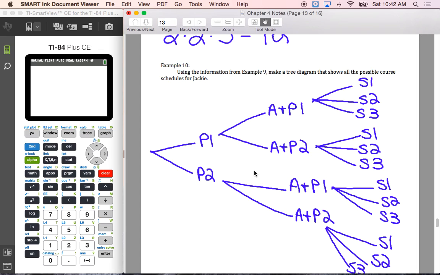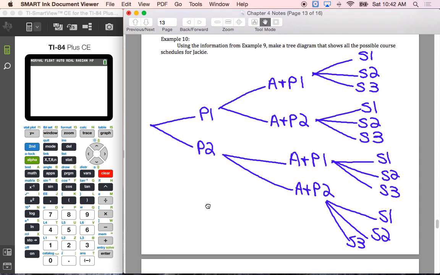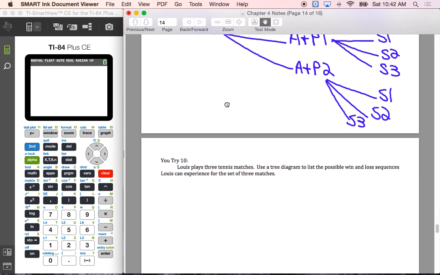So now if you count all of the ending branches from your tree, you'll see we have 3, 6, 9, 12. 12 was what we said we would have for the number of different schedules.